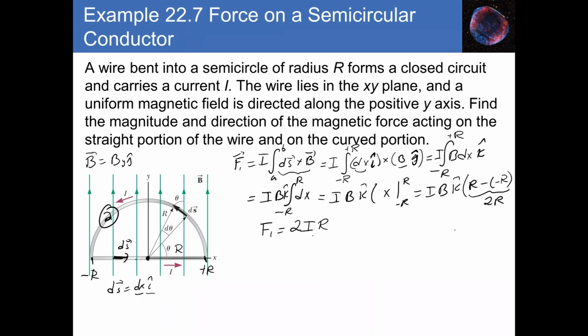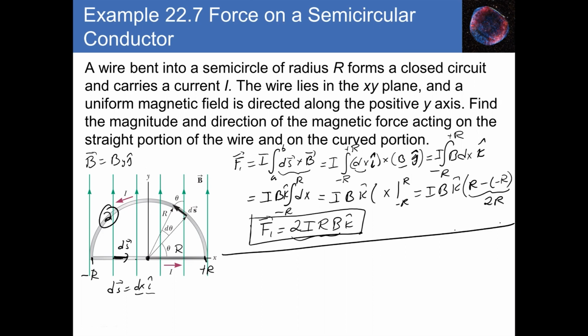So 2IRB k hat. That means the force due to this straight segment will be in the k hat direction, which is out of the board. That is the magnitude, 2 times the current times radius times B, and k hat is the direction.